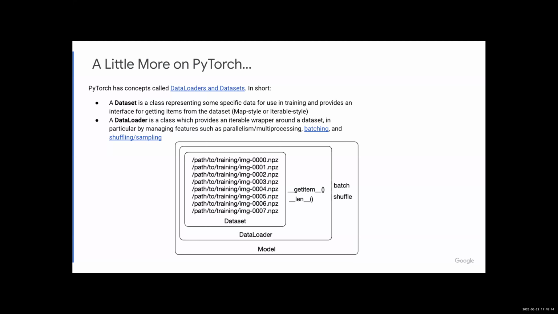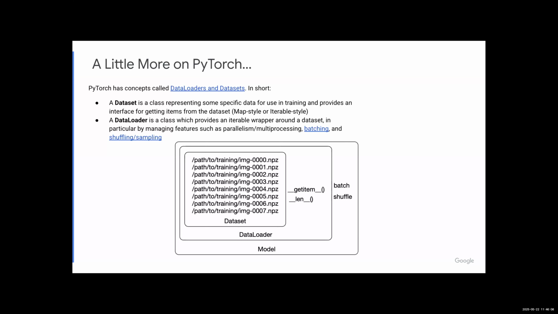The image here is an attempt to help visualize a map style data set, where the elements are accessed via index. You call get item with an index number, and you get whatever it is. So this would be an example of a map style data set.